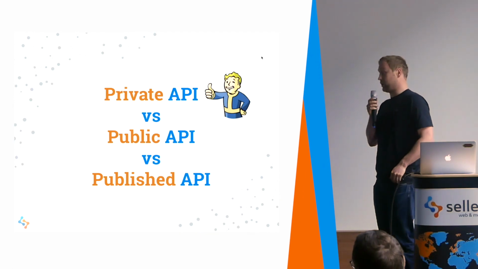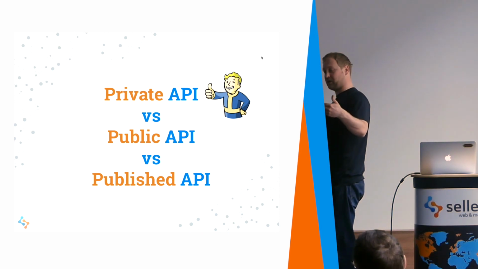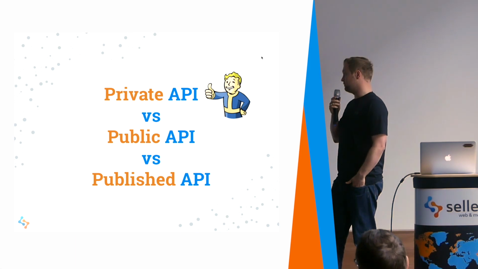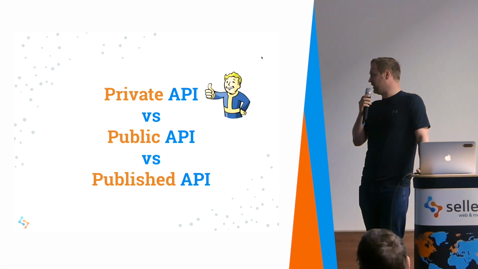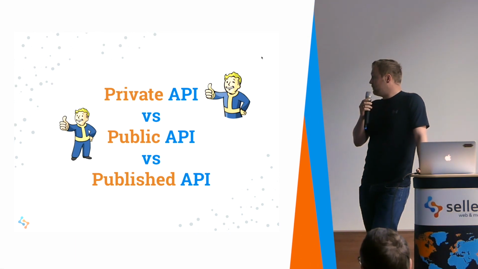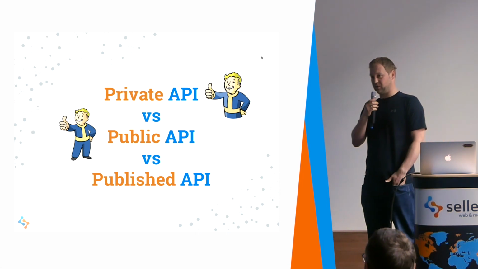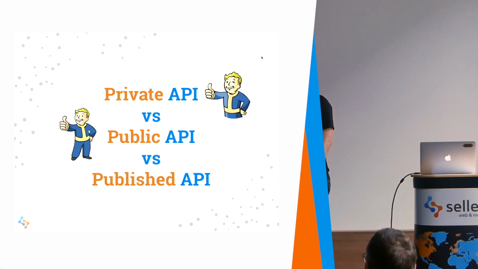Private API is usually okay to change. I mean, you can do anything with it because, well, there are no consumers of it besides the class itself or whatever wraps this private API. So you can do anything with it, and it's not actual modification that we are afraid of here. The public API, well, probably you should be cautious when you change it, because if it's public API, then probably it's used somewhere.